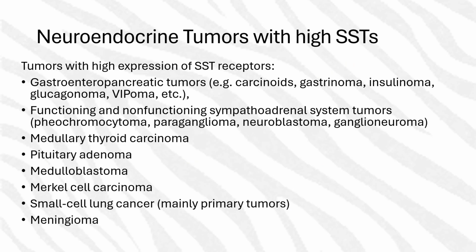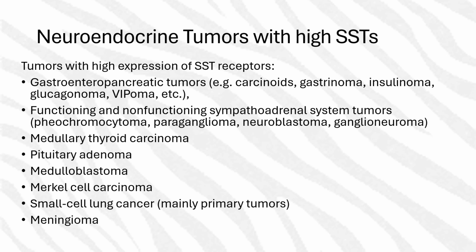Neuroendocrine tumors have high overexpression of somatostatin receptors. This is a short list of the ones that will overexpress them: gastroenteropancreatic tumors, which are all the ones I just listed in the pancreas: carcinoids, gastrinomas, insulinomas, glucagonomas, vipomas, etc. Functioning and non-functioning sympathoadrenal system tumors from the adrenal glands, pheochromocytomas.